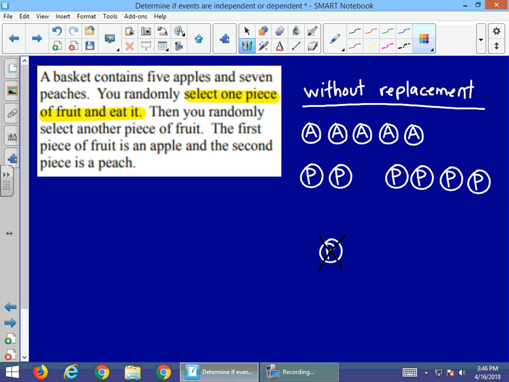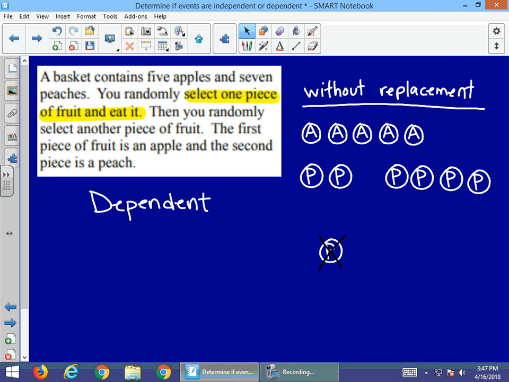Because when I pull that piece of fruit out and I eat it, it does not get replaced back in. And as we should know very well by now, without replacement means that the 2 events are dependent events.